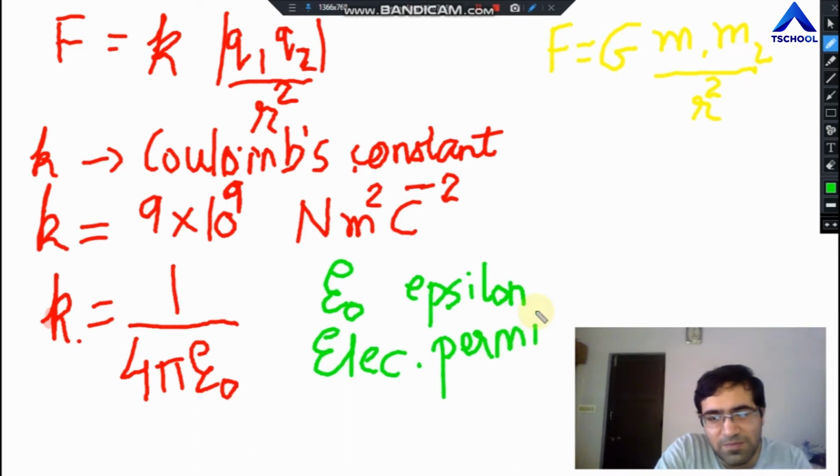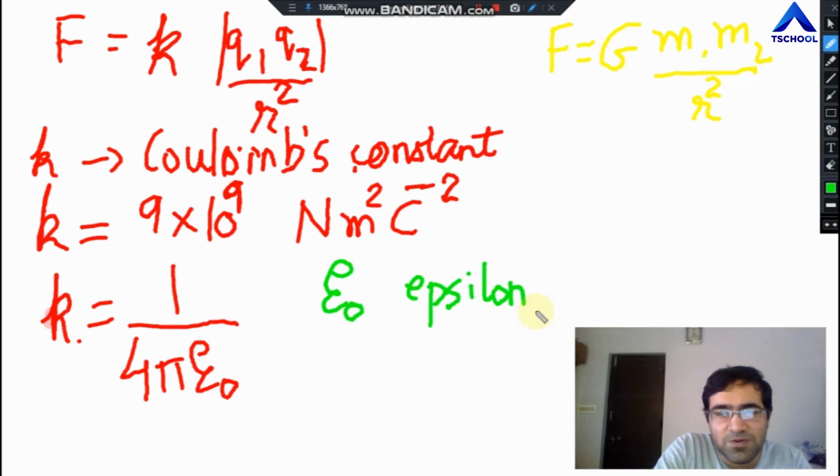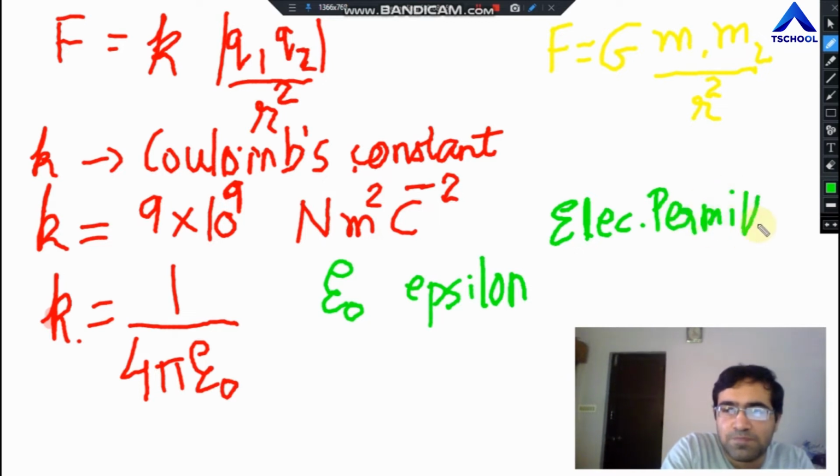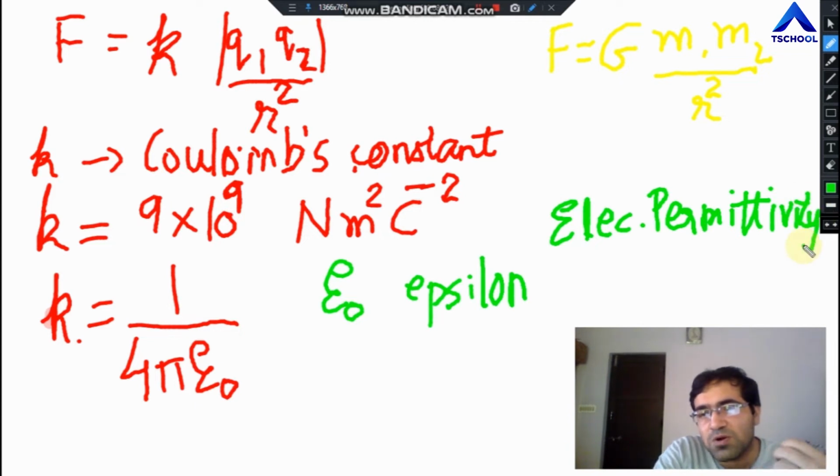Oh, excuse me, bad place to write. You won't be able to see when the text goes behind. So we have, this is epsilon again, and it is called electrical permittivity. Permittivity is referring to some kind of permission, but we will talk about electrical permittivity in the second chapter.